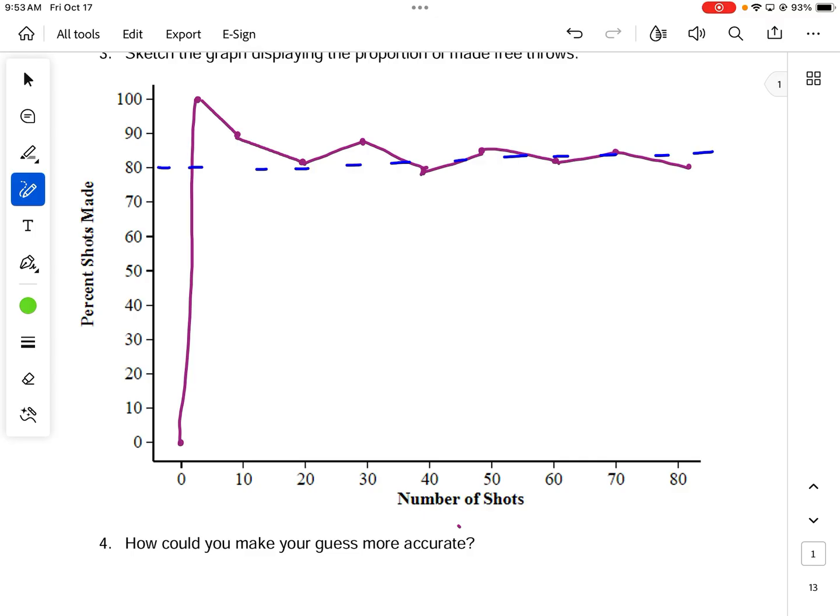So what do you see over the long run, where is the probability about? It's about 80. So our long run probability gets closer to the actual. But in the beginning, from here to here, this is kind of an unpredictable area.